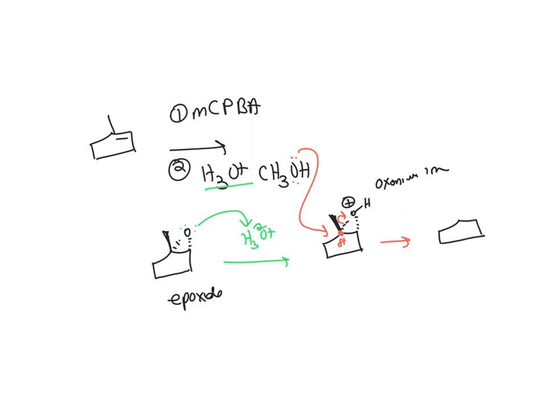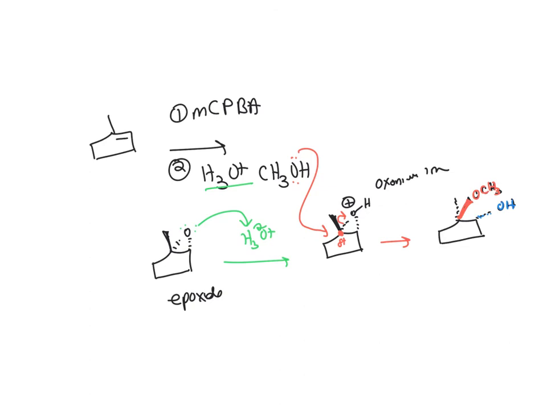This was also one of your POGIL exercises for this week. So the alcohol will add to, and you'll get, the CH3 will add here, and then the important thing is that the addition of your nucleophile is anti to your alcohol.